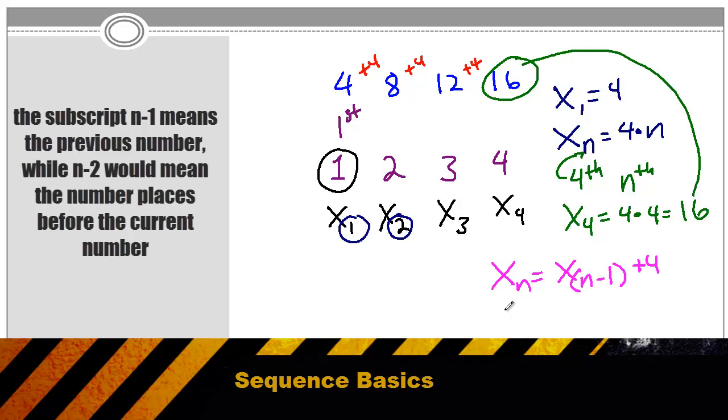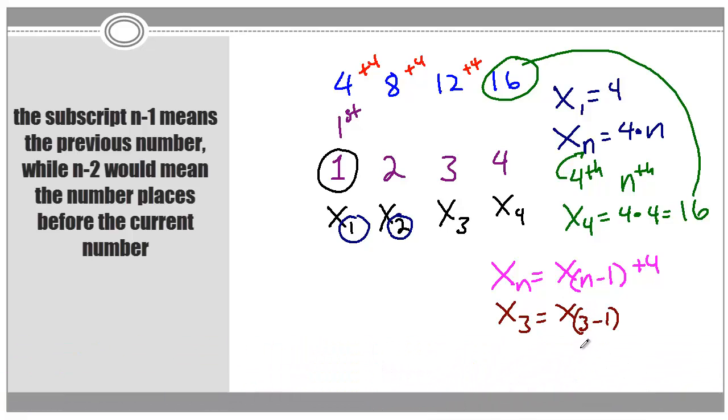So say I wanted to find the 3rd number in my list, I would say x subscript 3 is going to be equal to x subscript 3 minus 1, and 3 minus 1 is just 2, so what that really is saying is the one number previous to it, or in this case, x subscript 2 plus 4. Or I could say that x subscript 3 is equal to x subscript 2, which I know is 8, and then to find x subscript 3, I'm simply going to add 4.